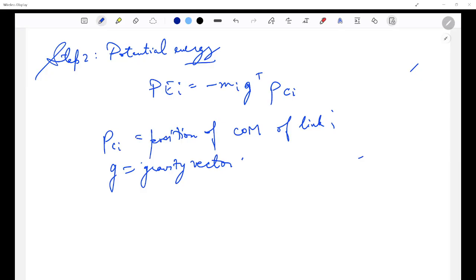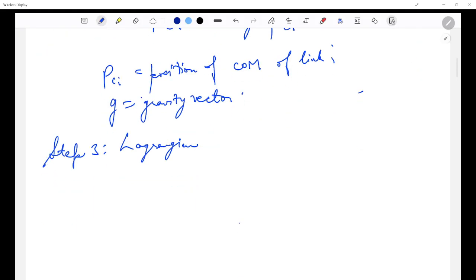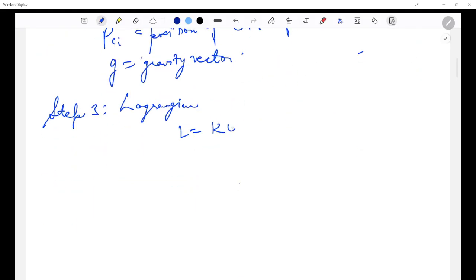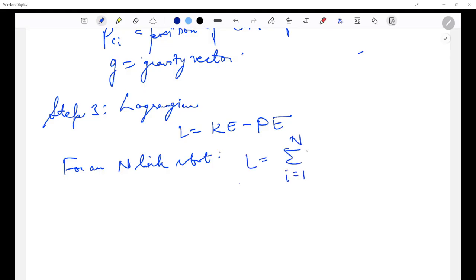Okay, in the third step, we define the Lagrangian. Your Lagrangian is kinetic energy minus potential energy. So for an N-link robot, your Lagrangian is the summation over i from 1 to N of kinetic energy minus potential energy.